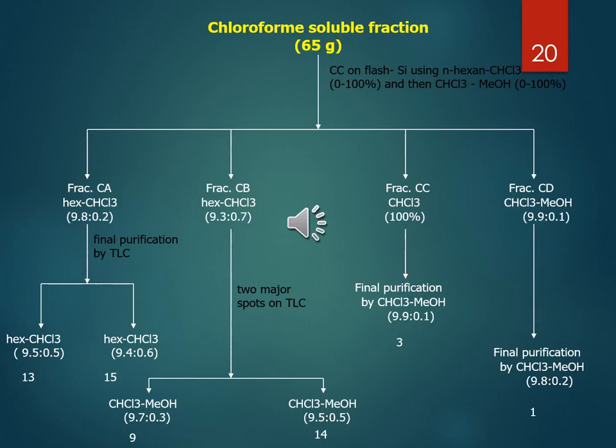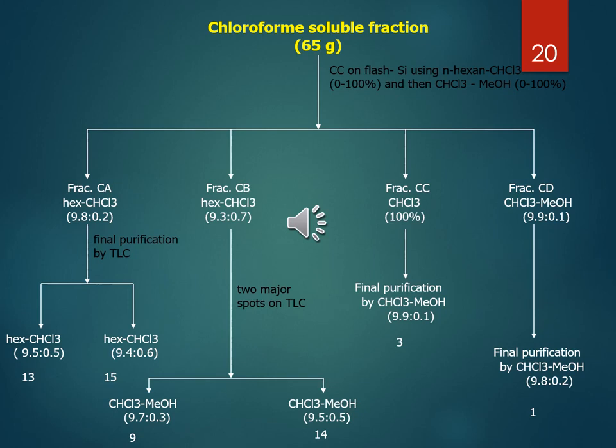The purity of these compounds is checked by thin layer chromatography, and the organic solvent system used to confirm the purity of these compounds is 9.5 and 0.5% hexane chloroform for compound number 13 and 9.4 and 0.6% hexane chloroform for compound number 15.